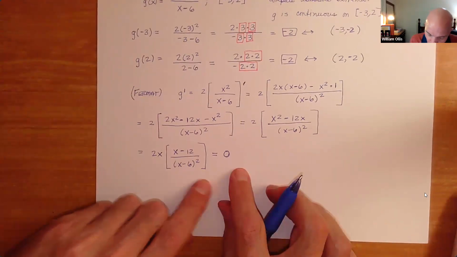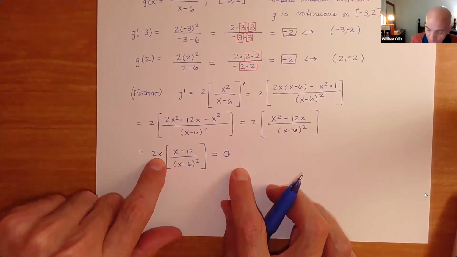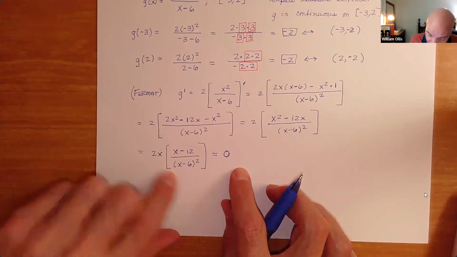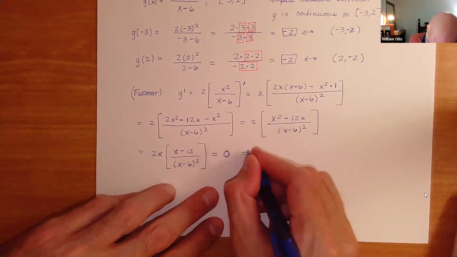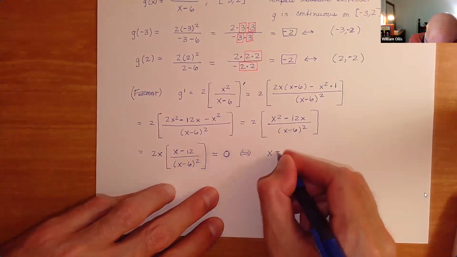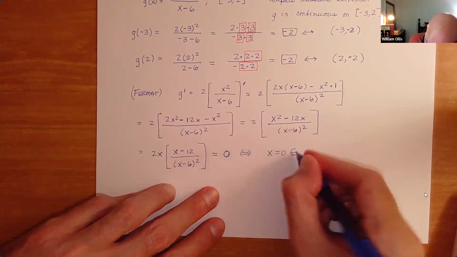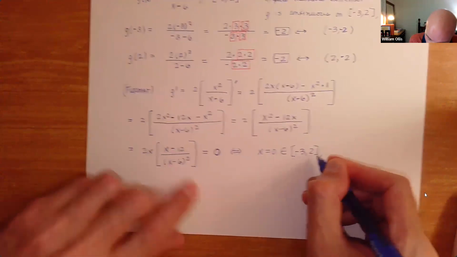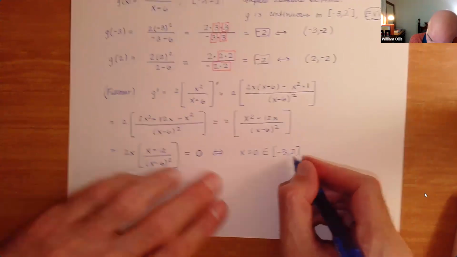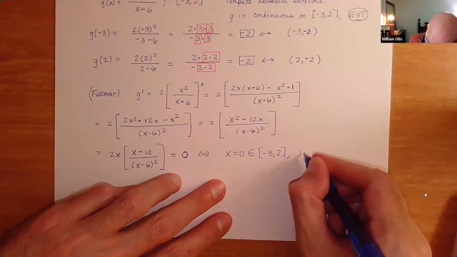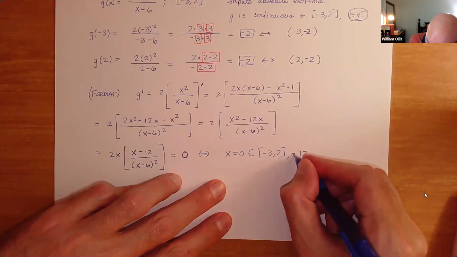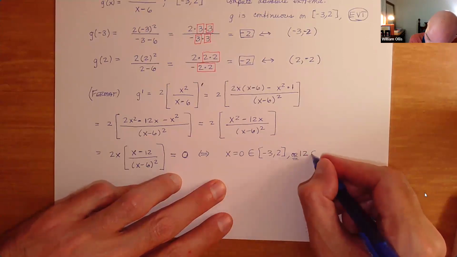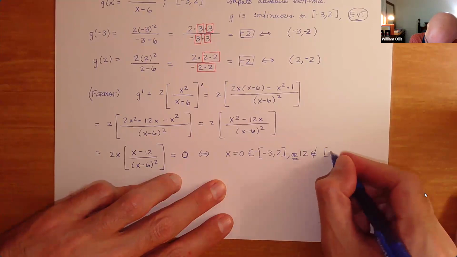By the zero product property, we have x equals 0, which is in the set, -3 to 2. And then we get 12, which is not in the set.